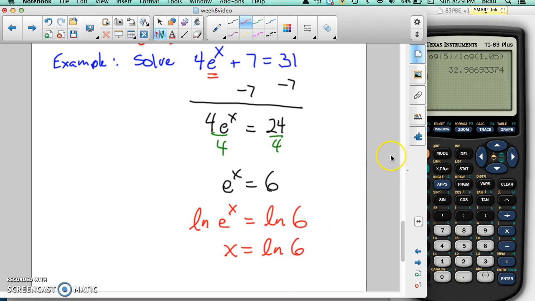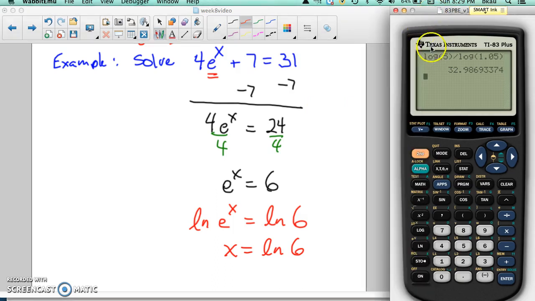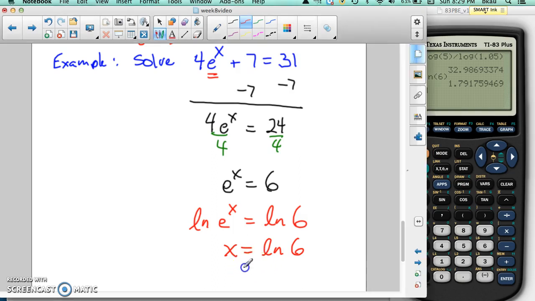So we won't have to do a division here, because we can have this undo each other in this process if we use ln instead of log. Now we can do this with log, the common logarithm, too. We're just going to have to divide in the end. So this is my answer, natural log of 6, which in this case is approximately 1.792 to 3 decimal places.